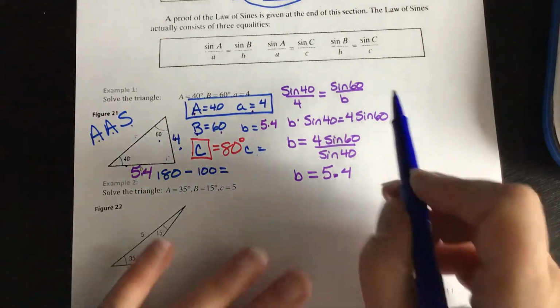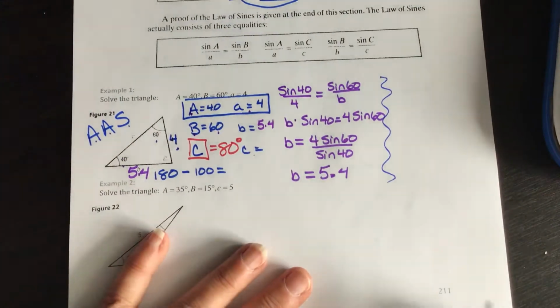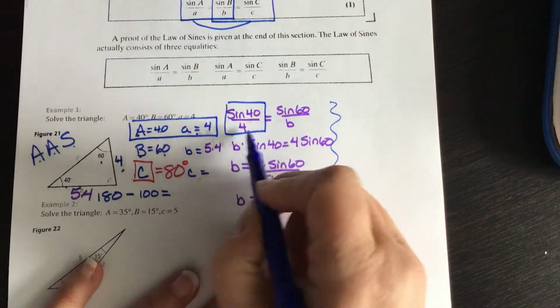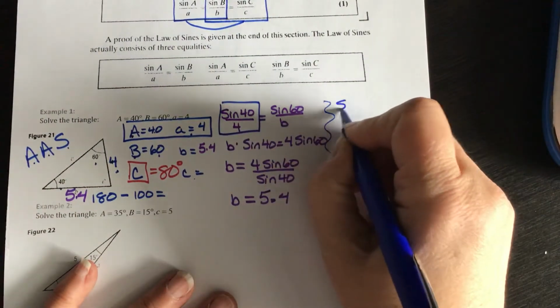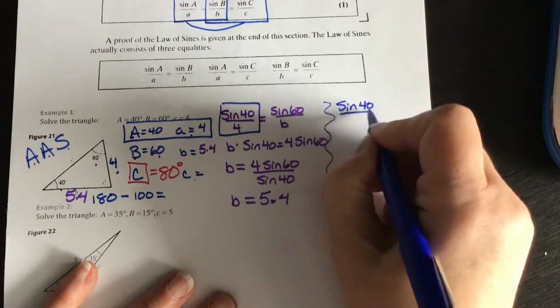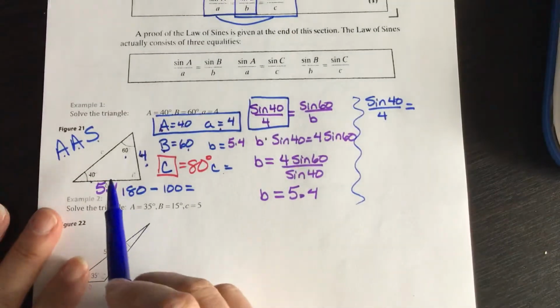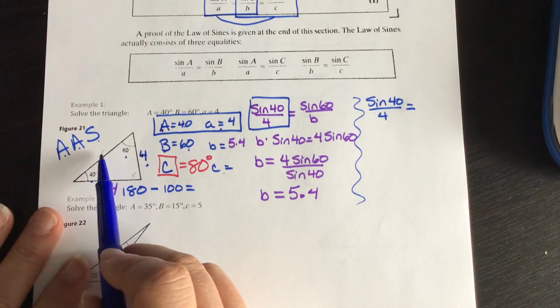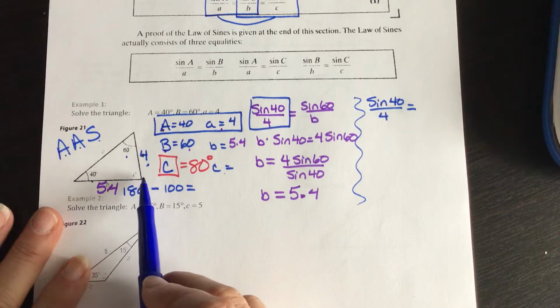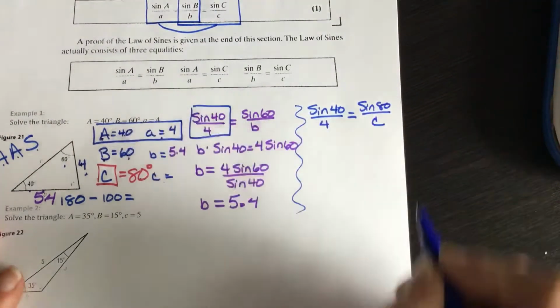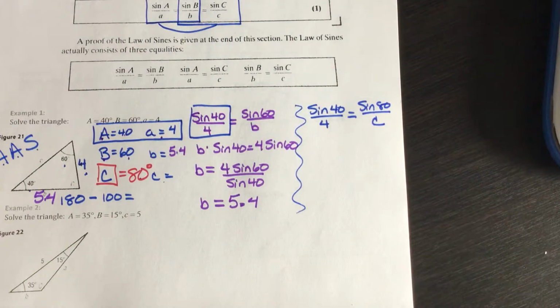So we have one more length to find here, and I'm going to use this ratio again. So I have sine 40 over 4 equals, now I'm finding the length of side c, so I need to know angle C, which we said was 80. So I'm going to do sine 80 over the length of side c.